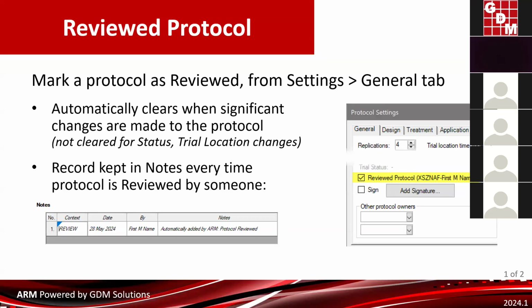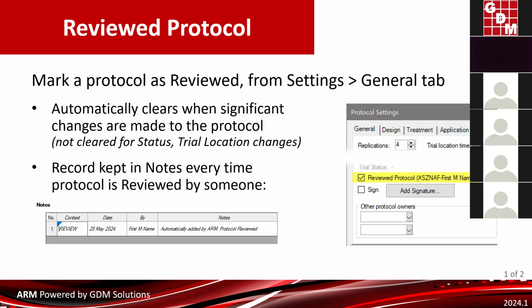And again, this functionality existed in the trial file already. And now with the 2024 version this past year, we just added this same ability to a protocol. So key difference here, there is no signature that's attached. It's just a flag that this individual has marked this file as reviewed.